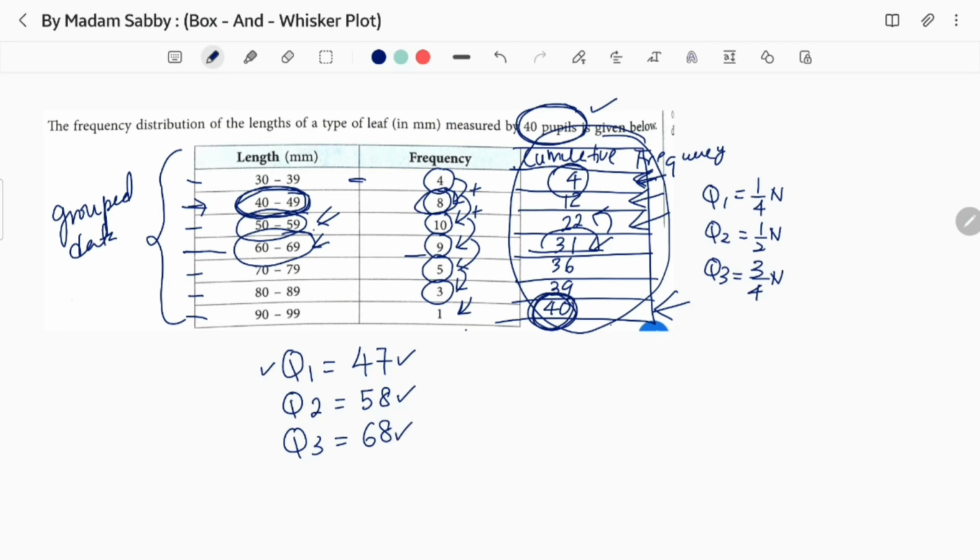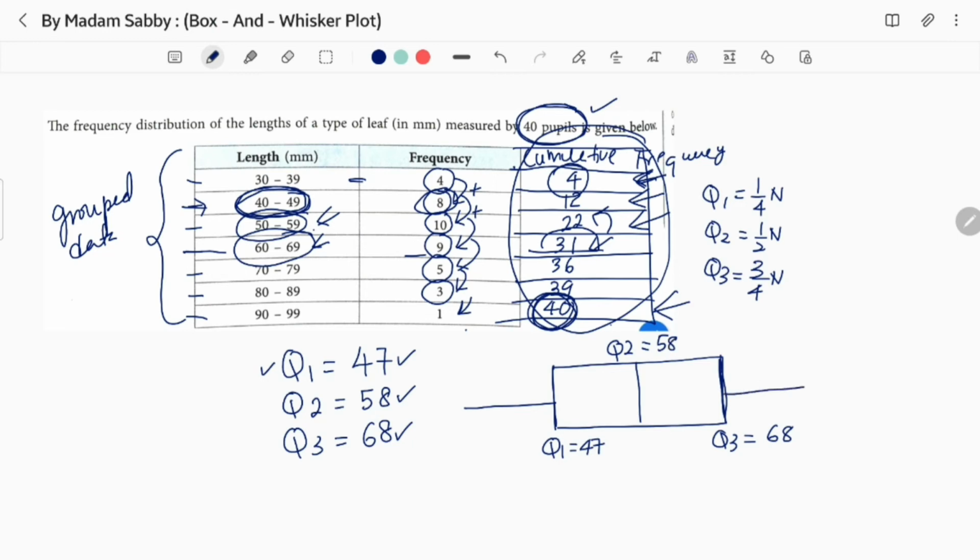This information should be enough if you want to sketch your box and whisker plot. So if you sketch your box and whisker plot, this is your Q1, which is 47. At the end of this line is your Q3, which is 68. And then we have 58, this is your Q2 equals 58.